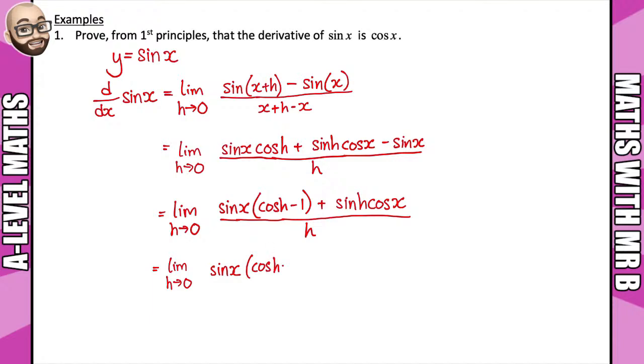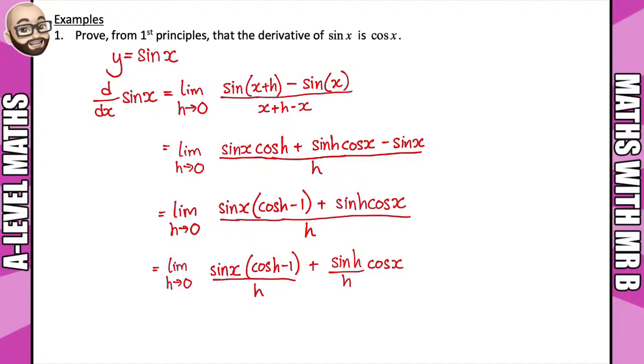So I'm going to write it like this, over h, and on this side I'm going to write it as sine h over h times cos x. The reason I'm writing it like this is because we can try to work out what's actually going to happen to this part here as h tends to 0.